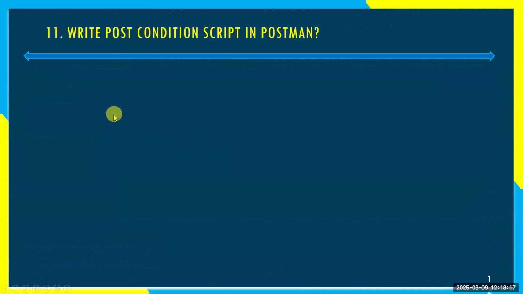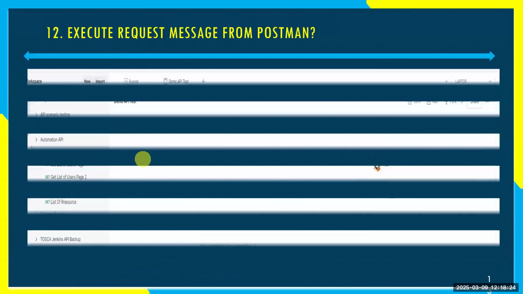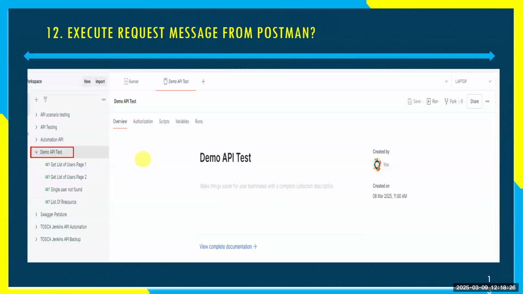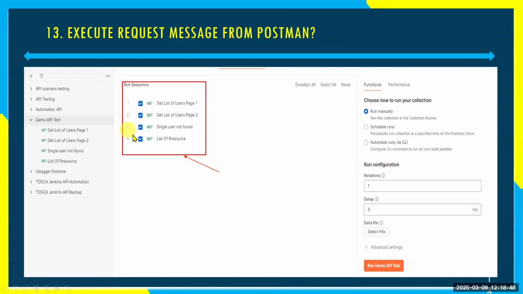Then, after writing the post condition, how to execute API testing. In this case, just select our complete collection. The collection contains 4 test cases. I want to execute all the 4 test cases with one click. Simply click on the run button. After clicking the run button, you can see the list of test cases.